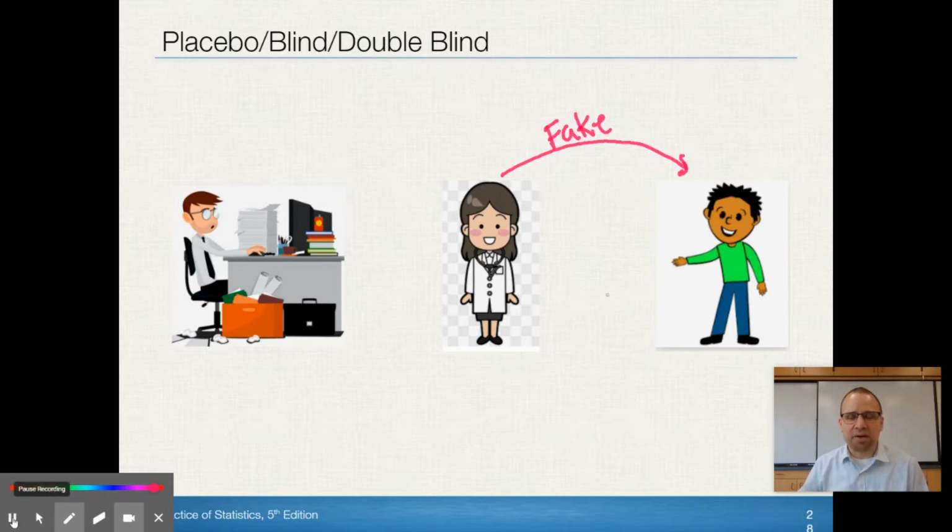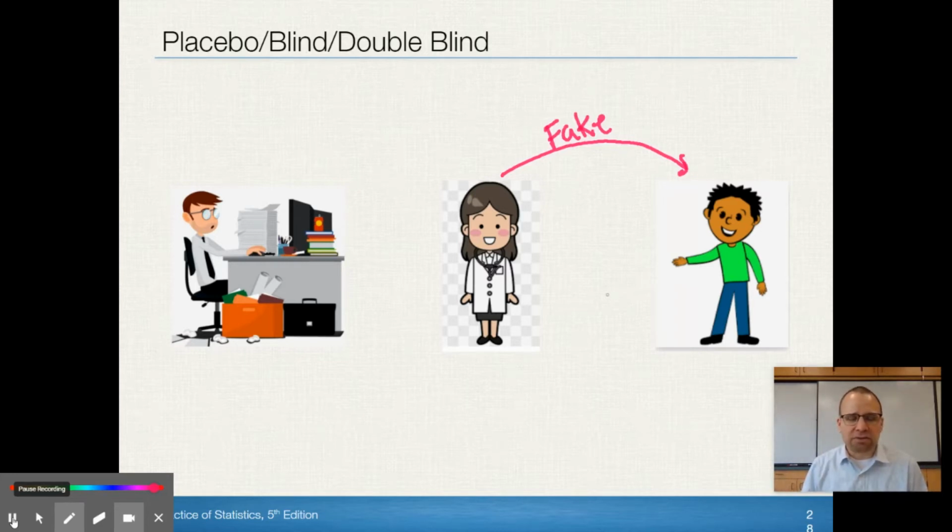Just because they think they're getting something that will help them, even though it's fake and they don't know it's fake, the placebo effect actually will make them get better. So we have to control for that. The placebo effect only happens with humans, not with things, just with people. So when you're imposing a treatment on humans, make sure to take into account this placebo effect.